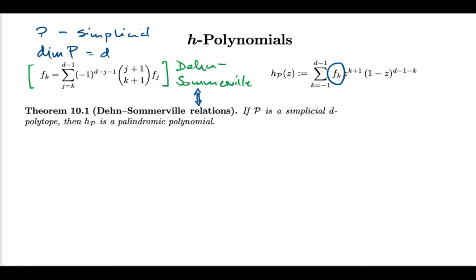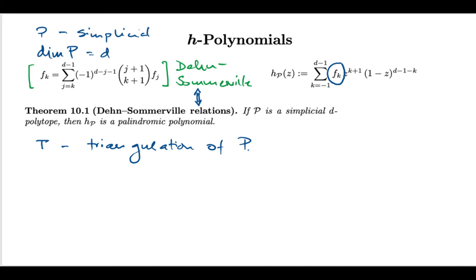The reason why I wanted to review the Dehn-Somerville relations for simplicial polytopes is because I want to talk about triangulations. So we'll fix a triangulation T of a polytope.